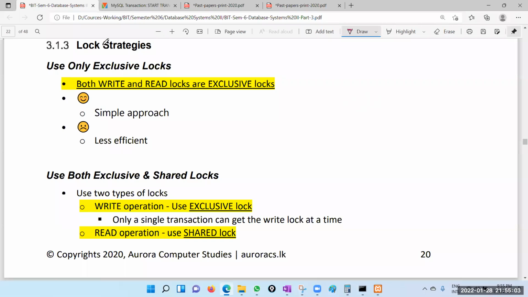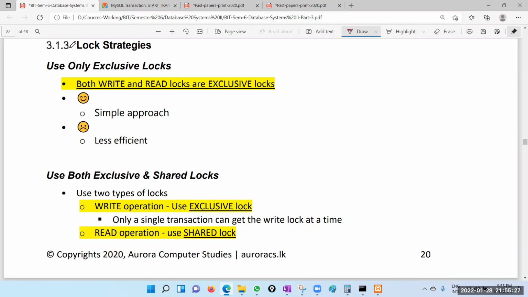So some databases use only exclusive locks. So that is not a good idea. So that means if you want to write operation, you have to take exclusive lock. And that write කරන්න බෑ. When you are doing read operation also, you have to take exclusive lock. ඒ කියන්නේ read කරලා ඉවරනකම් අනිත් අයට ඒක record එකත් උත්තරන්න දෙන්න.